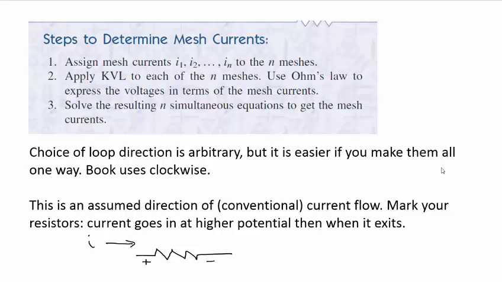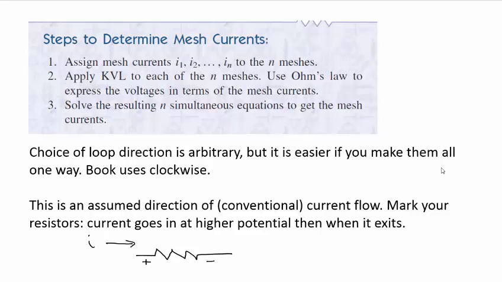So you're going to assign loop currents or mesh currents to all of the meshes, and this time you're going to apply KVL to each of the meshes. Then you'll use Ohm's law and find voltages in terms of the mesh currents. An example will show this. And then you'll solve the simultaneous equations that you get. If there are n loops, there are n simultaneous equations.